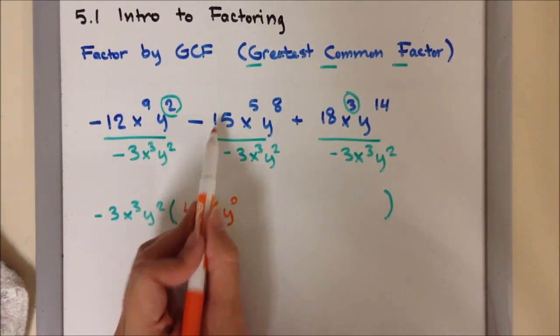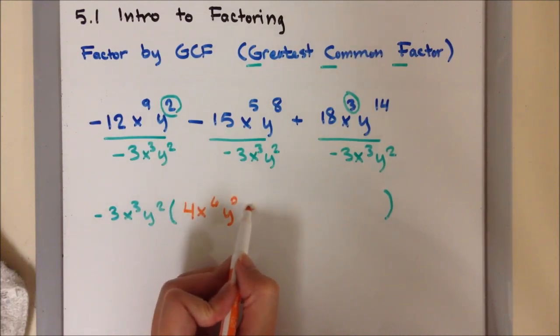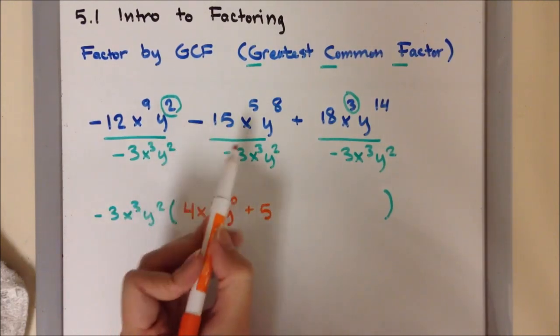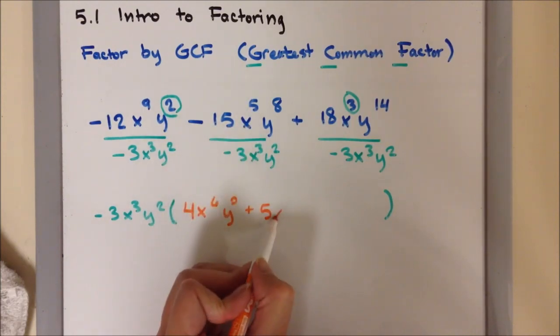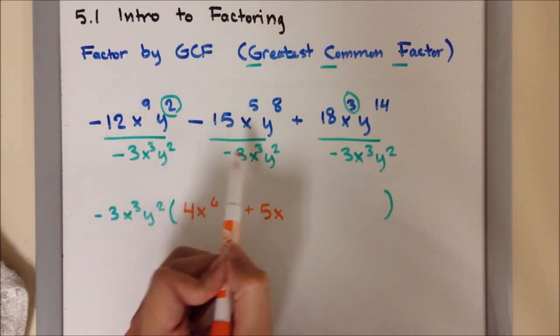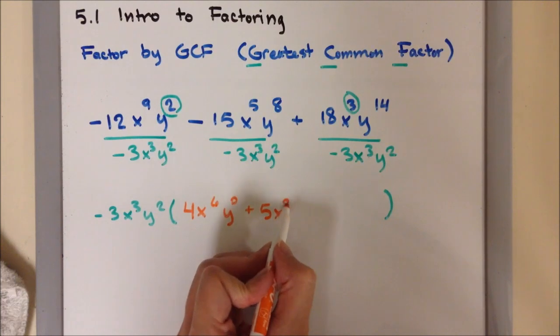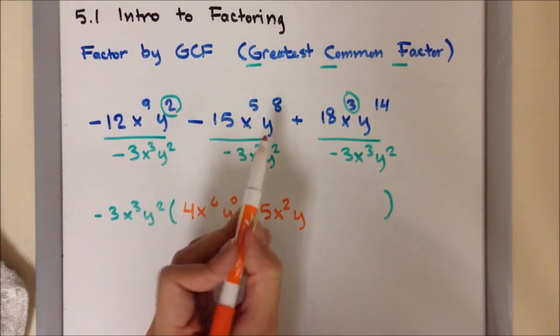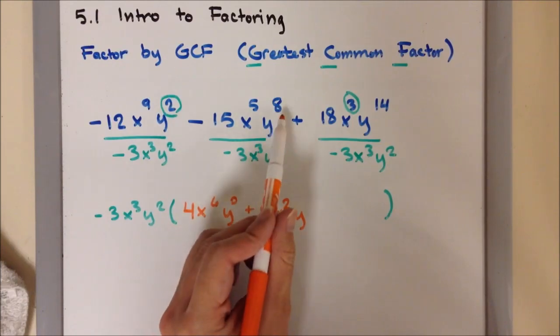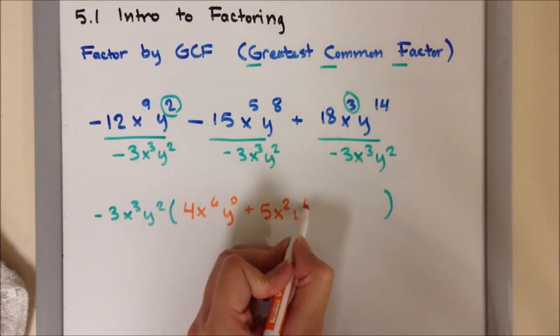Negative 15 divided by negative 3 will be positive 5. I'm dividing with the x's, so it'll definitely be x. 5 minus 3 will be 2 for the exponent. And then same thing with the y's. Top exponent minus bottom, 8 minus 2, that will be 6.